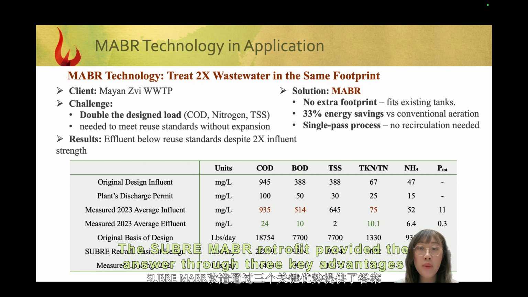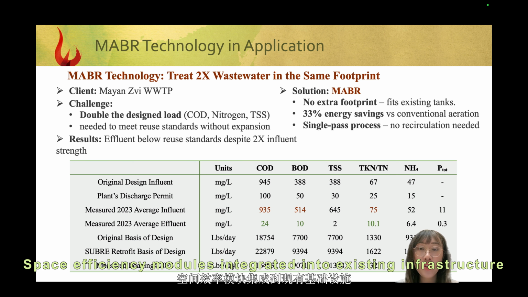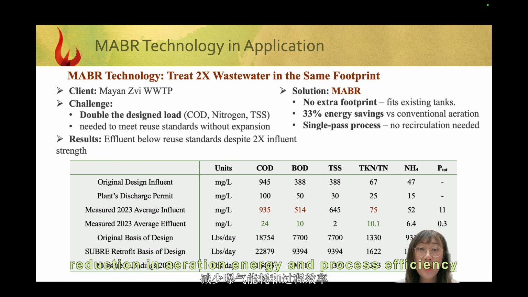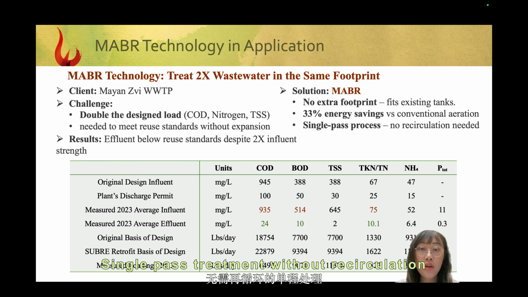The Super MABR retrofit provided the answer through three key advantages: space efficiency, modulars integrated into existing infrastructure; energy saving, 33% reduction in aeration energy; and process efficiency, single-pass treatment without recirculation.